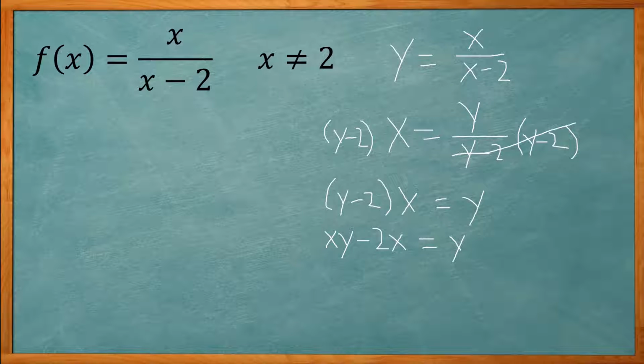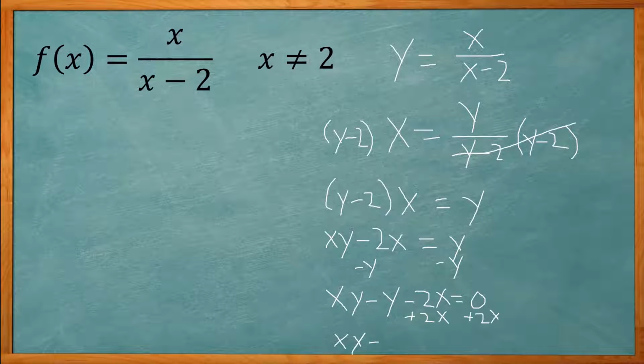Alright, so I'm going to get the y's to the same side. So I'm going to subtract y here. That leaves me with xy minus y minus 2x equals 0. Now I want to add 2x to both sides to get it on the other side. So that gives me xy minus y equals 2x.